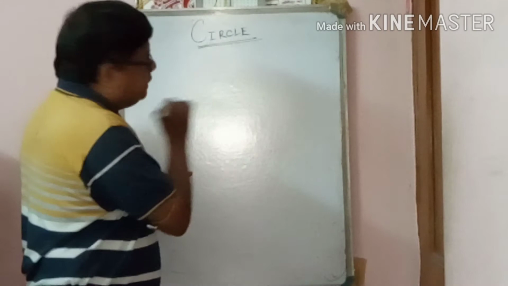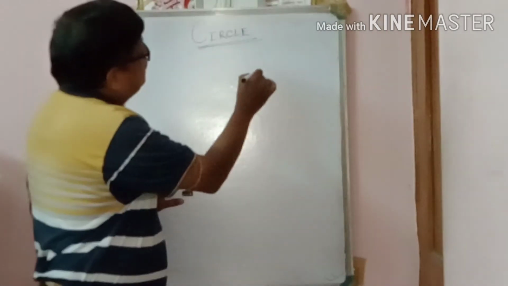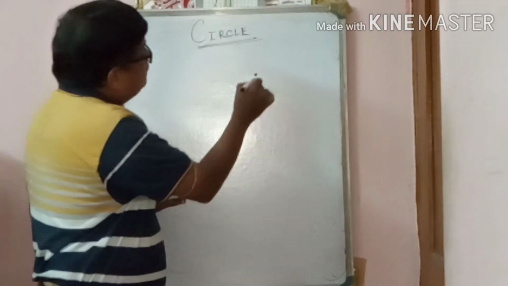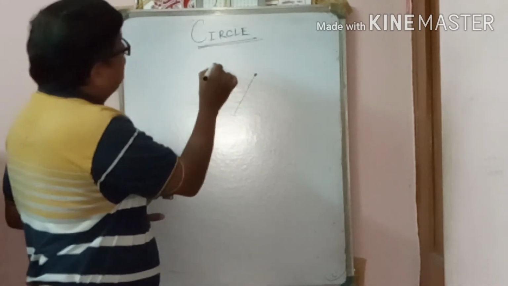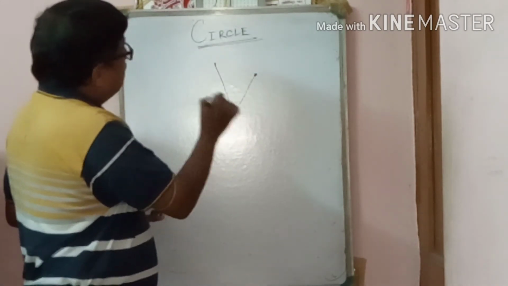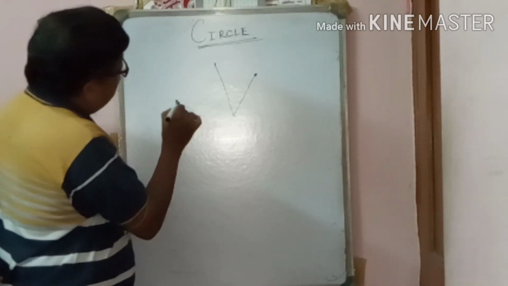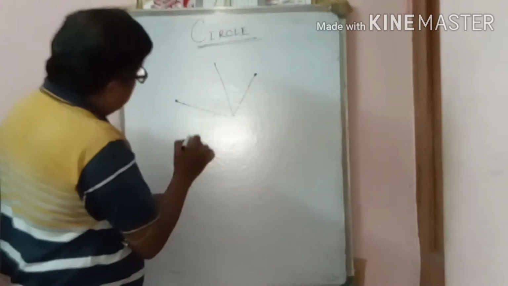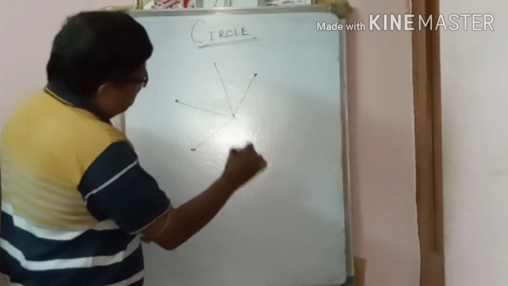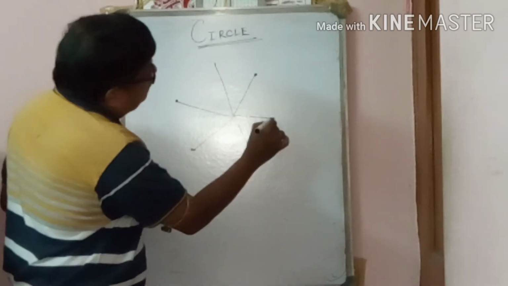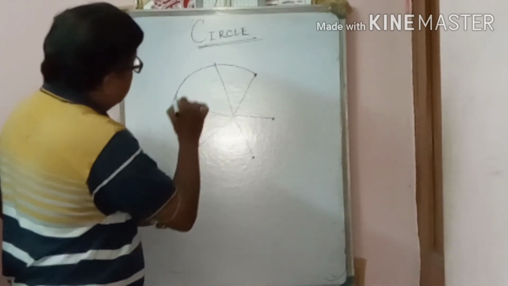Suppose a point is here, and if you count this distance, it is always the same. Again the position is there, and again. So this point moves like that.